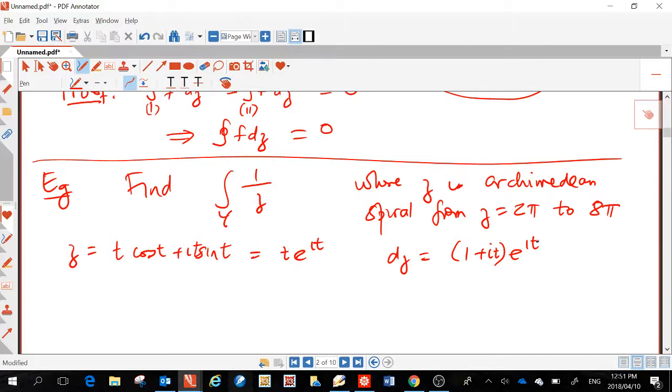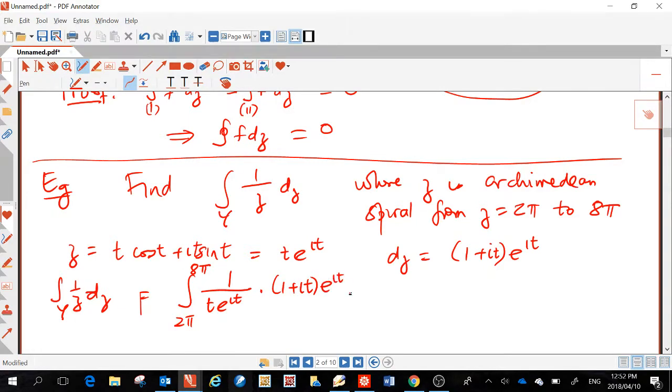So then we get the integral along gamma of 1 over z dz, which works out to be the integral of 1 over t e to the it, from 2 pi up to 8 pi, times dz, which is 1 plus it e to the it dt.